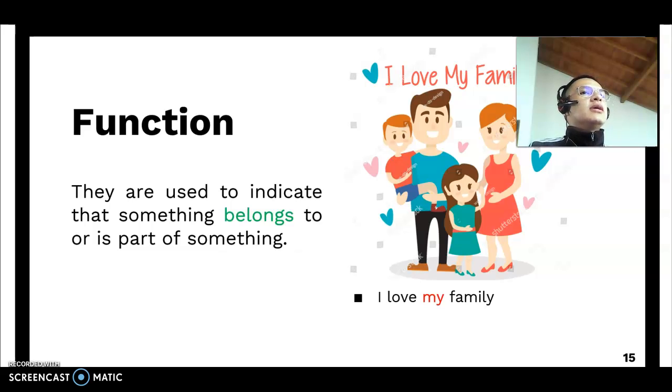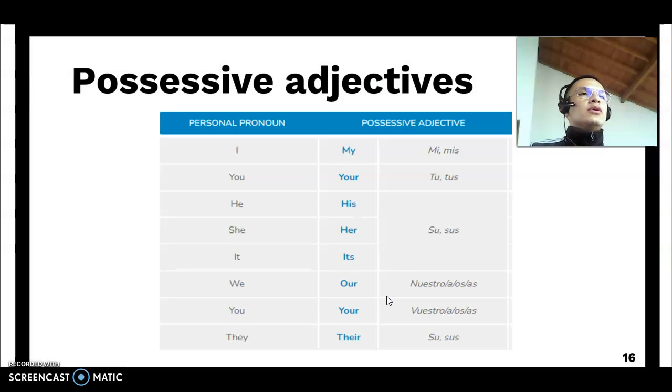In this case, the possessive adjective is my, because I'm talking about myself, and the pronoun is I. In this slide we have the list: for I, my; for you, your; he, his; she, her; it, its; we, our; you, your; they, their.